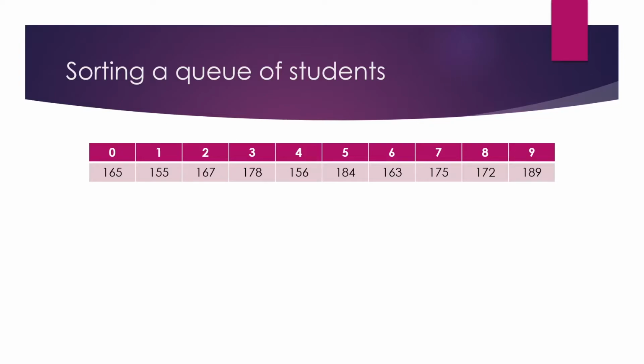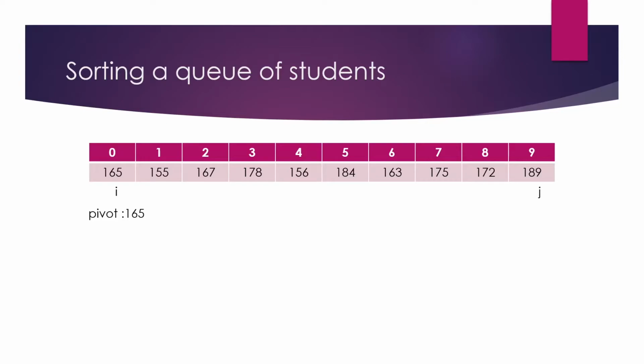Alright, so let's say the pivot is 165. We will need to find the position of the pivot such that all the elements less than the pivot, currently 165, are on the left side of the pivot, and elements greater than the pivot are on the right.